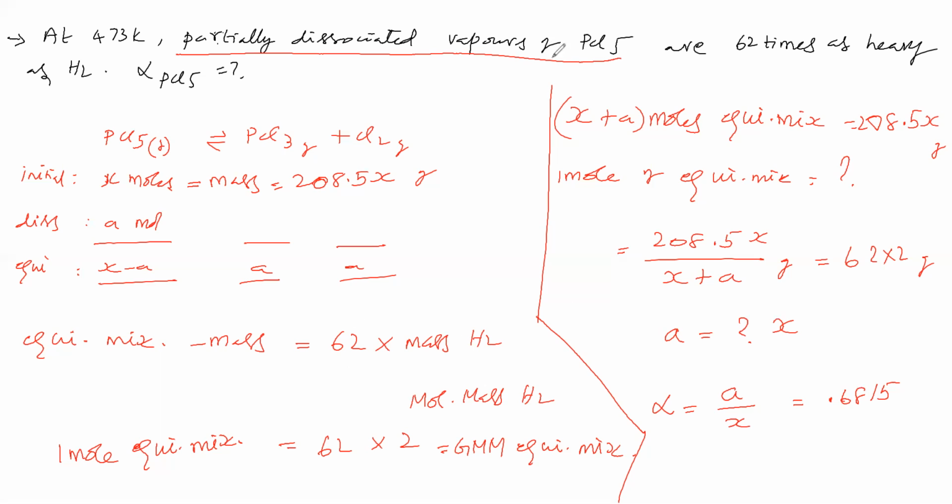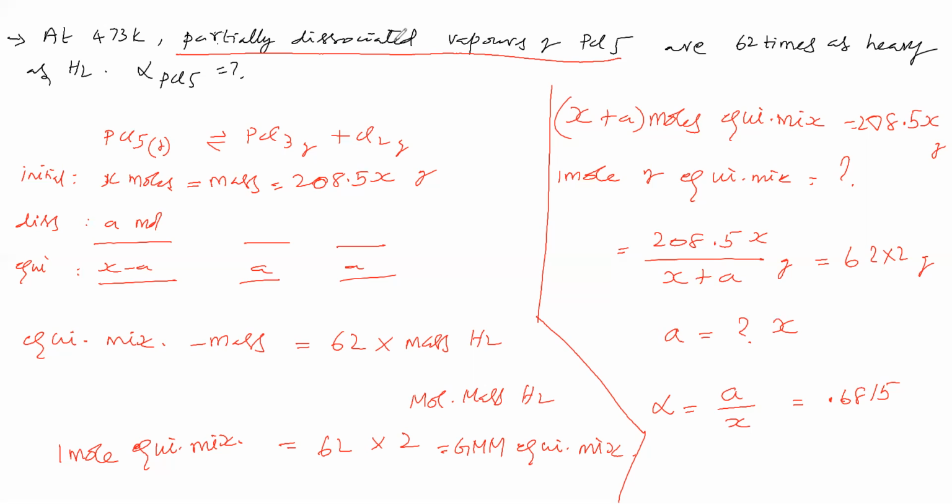Here they have already given one point: partially dissociated vapors of PCl5. What does it mean? PCl5 is dissociated, but in the dissociated vapors some amount of PCl5 will be there, because it is partially dissociated, not completely dissociated.